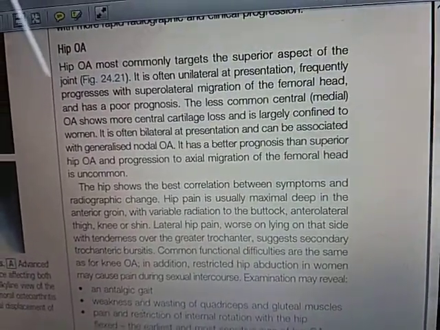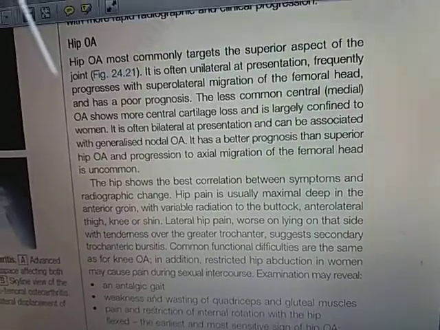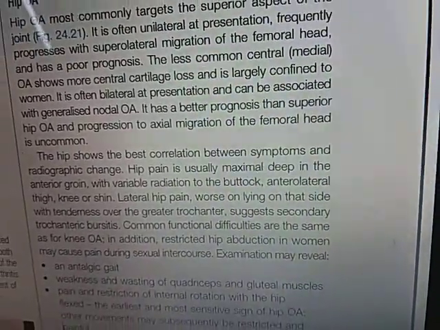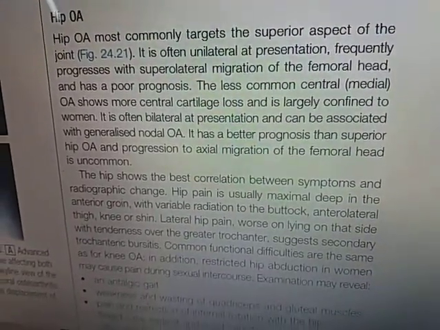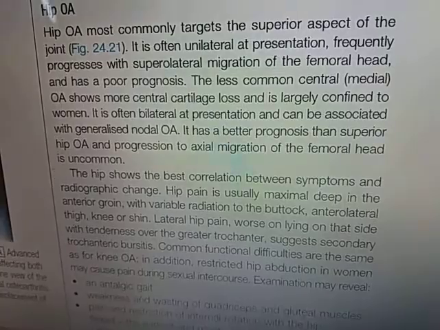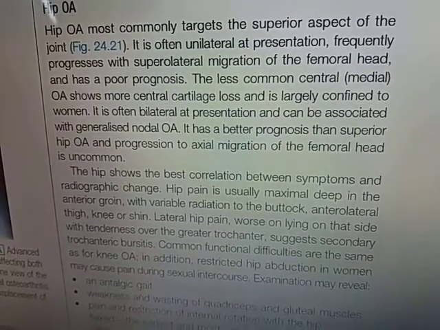Hip pain is usually maximal deep in the anterior groin with variable radiation to the buttocks, anterolateral thigh, knee or shin.